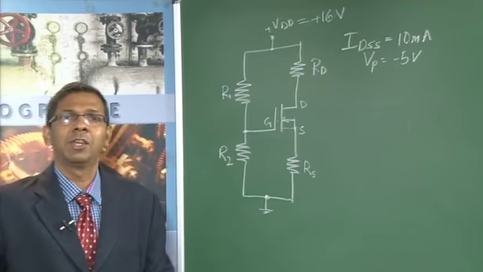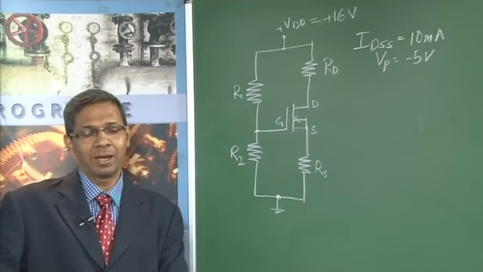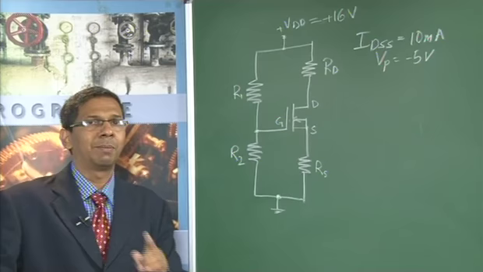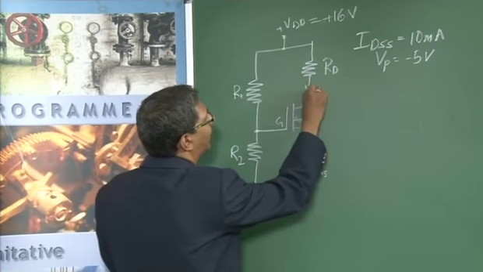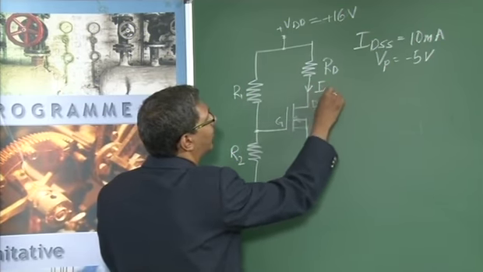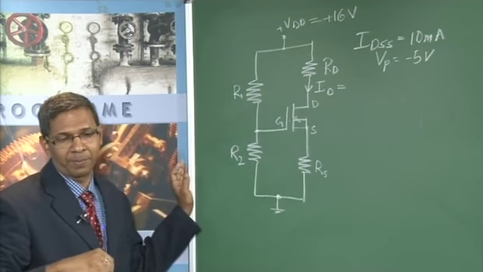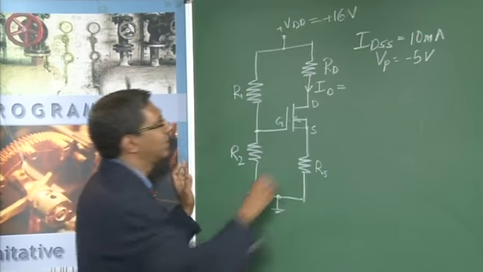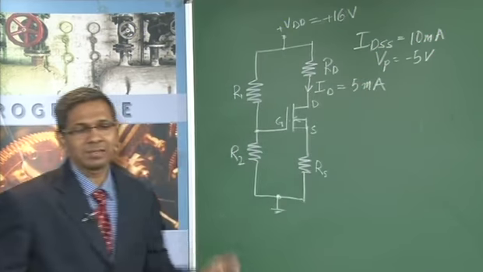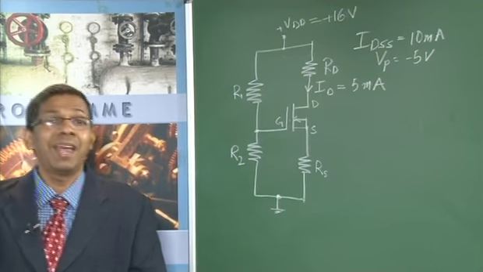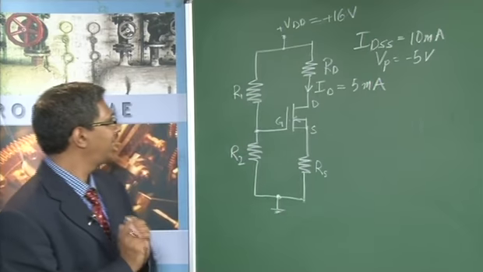They have given the Q point already, we have to find R. So to have a quiescent drain current of 5 milliamperes, that means what? The drain current value is already given, which you call as the Q point or quiescent point. And that is given as 5 milliampere. Drain current is given as 5 milliampere, and the gate voltage is 4 volts. They simply say gate voltage is 4. Now where is gate?